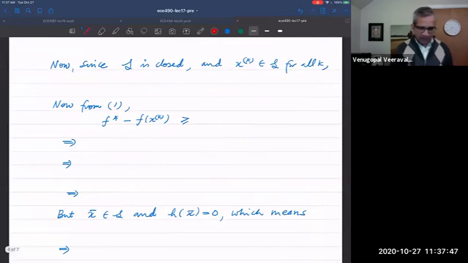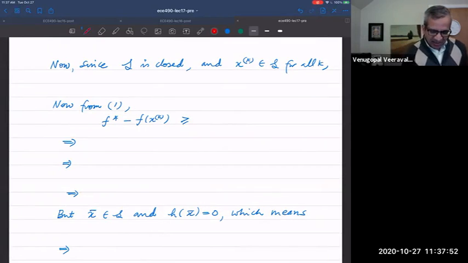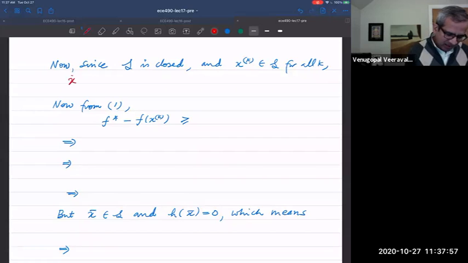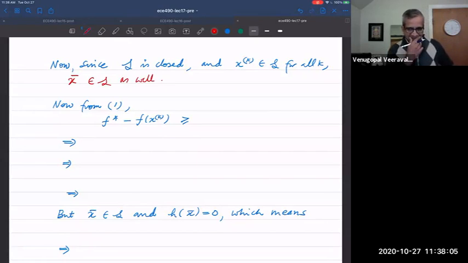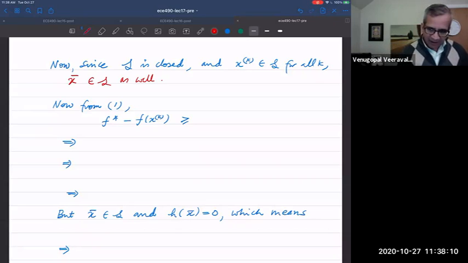So now we use the fact that S is closed. Since S is closed, xk belongs to S for all k means that x bar belongs to S as well, because the limit point will be in the set for a closed set. Then we just showed from 1 that f star minus f of xk is ck times h of xk squared, which is a non-negative quantity.